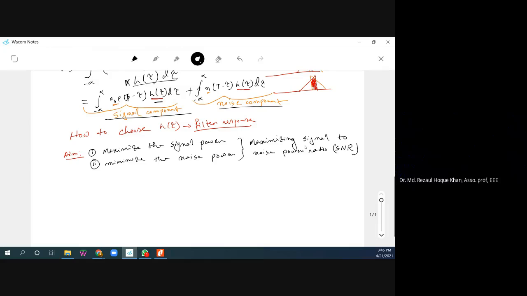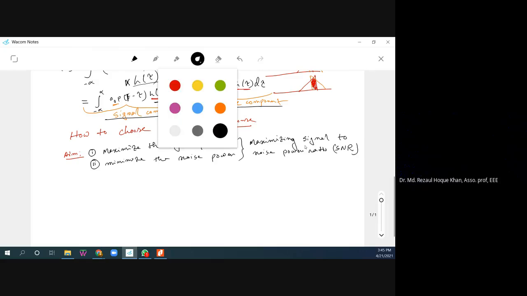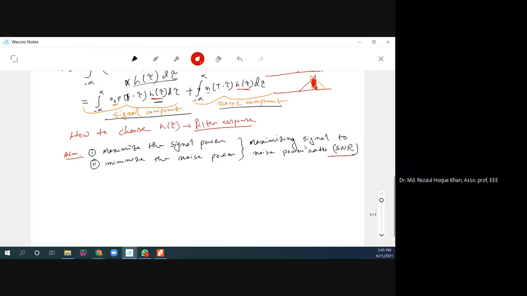So I'm increasing the signal to noise power ratio. That's actually the ultimate goal of any receiver. Any receiver we like to design, the main aim is to increase the signal to noise ratio.